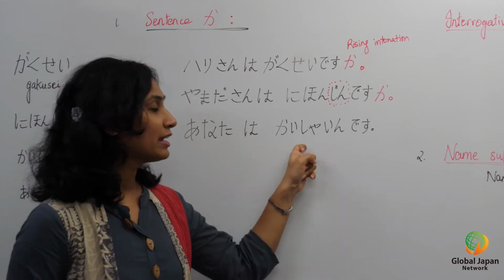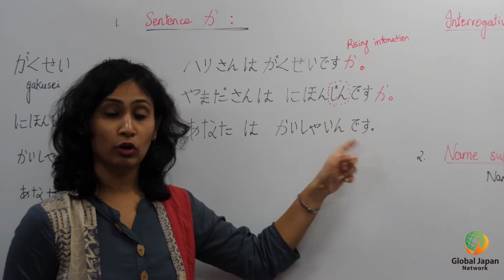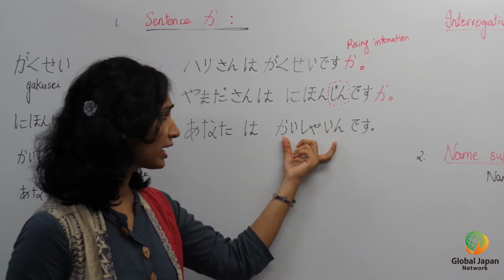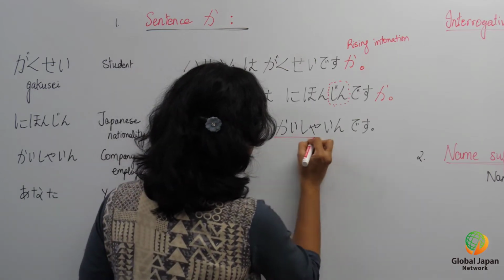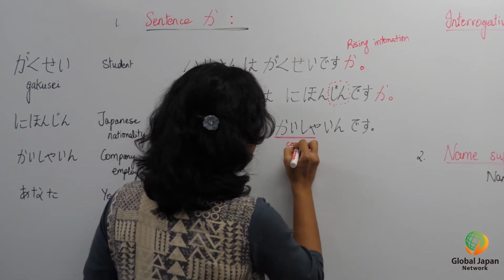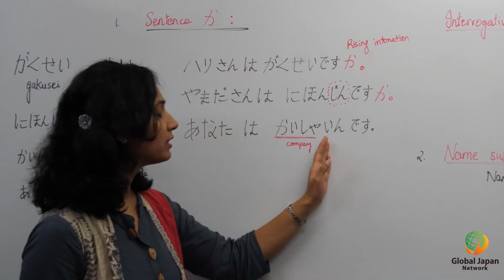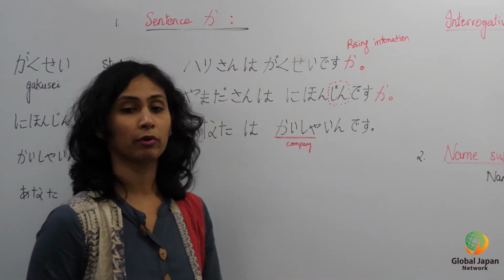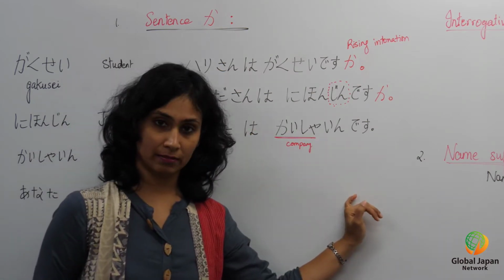Anata wa kaishain desu. You are a company employee. Kaishain means company employee. If I break this word, kaisha means company, and in this case, in represents employee. It's not that in always means employee, but in this context, it does. So, anata wa kaishain desu.